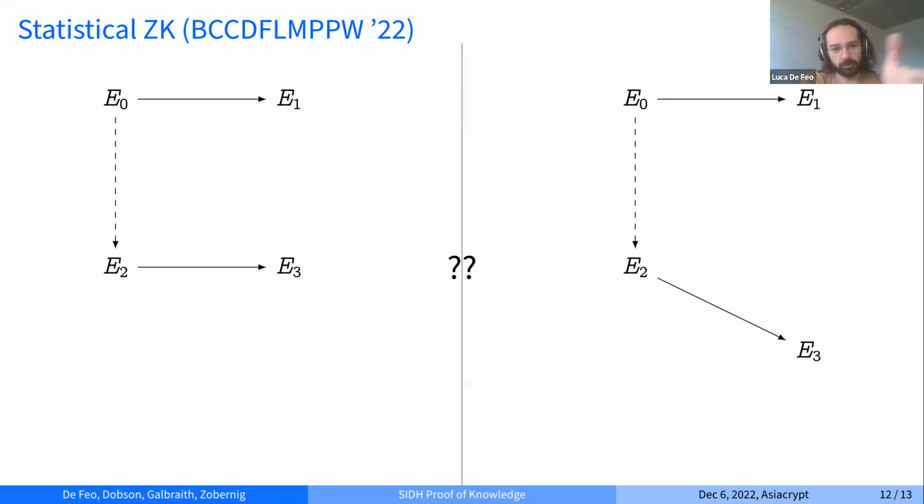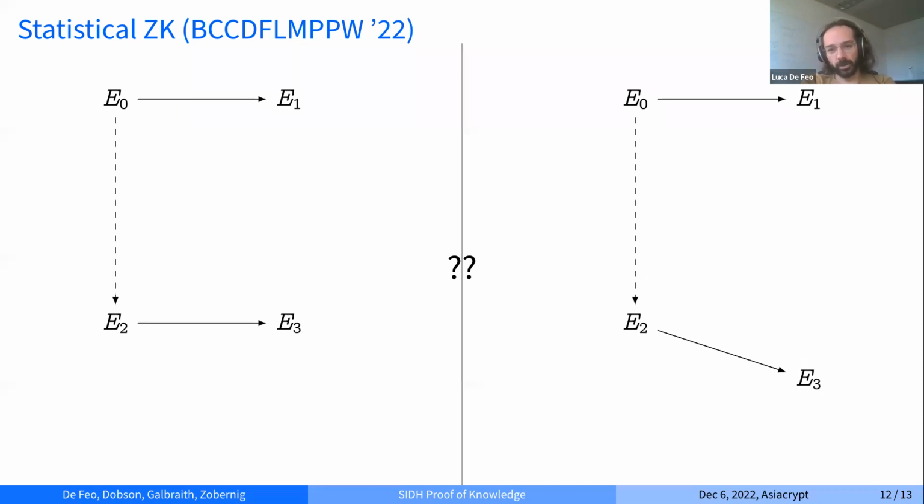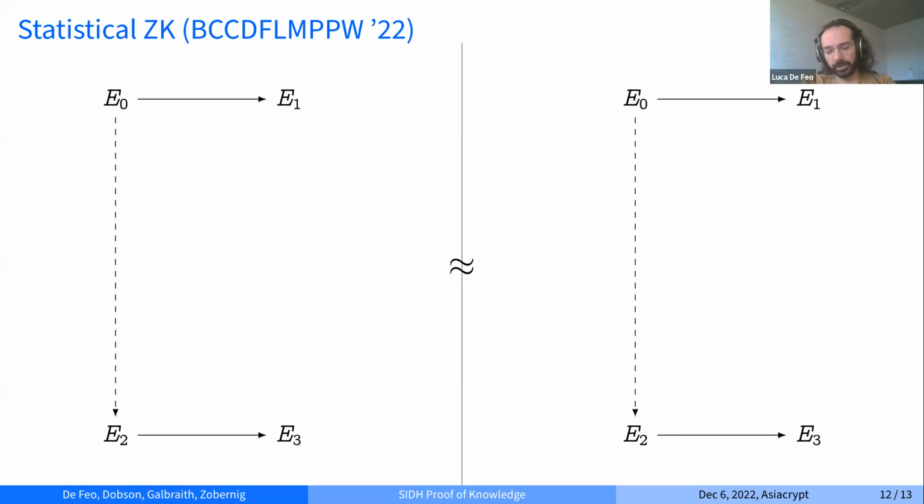And the trick in this paper, with a list of others which doesn't fit in a slide, is to just walk longer and longer. Because of the properties of Ramanujan graphs of supersingular isogenies, the longer you walk, the more this distribution will converge to the same distribution.